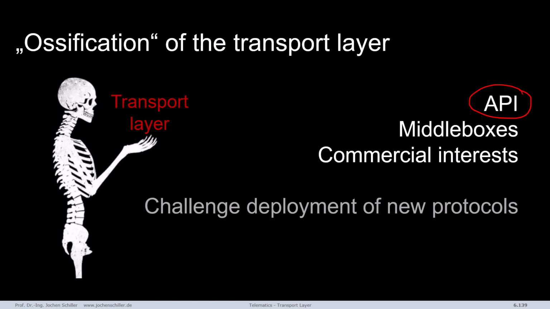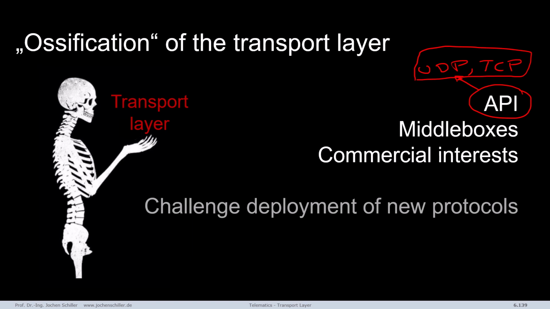So you need the support of the APIs. And the classical APIs support UDP and TCP. And if there's no more support, well, you can only use UDP and TCP.